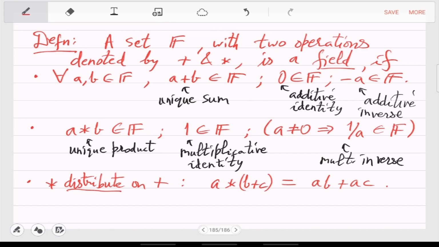And fourth is not very important for you, but still you might want to remember that, or I should note that plus and star are commutative operations.